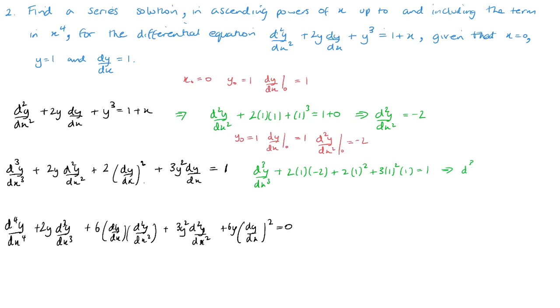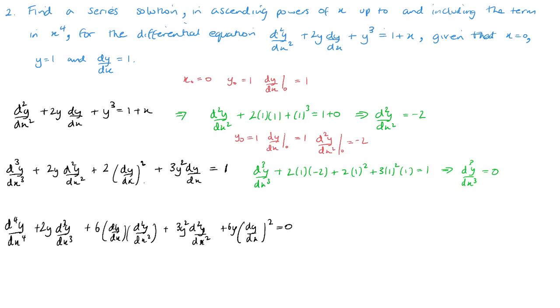So that gives me that d3y by dx cubed is equal to minus 4 plus 2, which is minus 2, plus 3, which is 1. 1 minus 1 is 0. So d3y by dx cubed is 0.